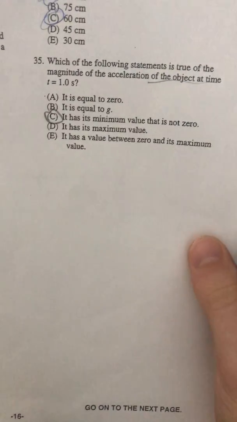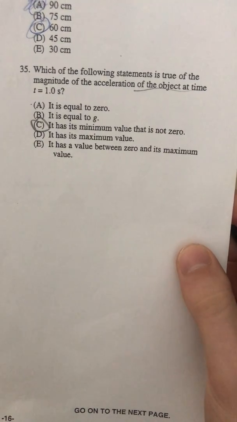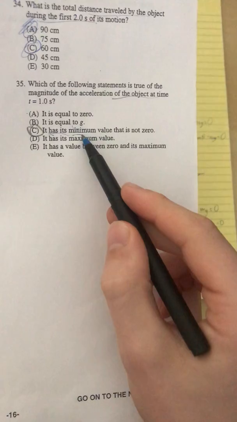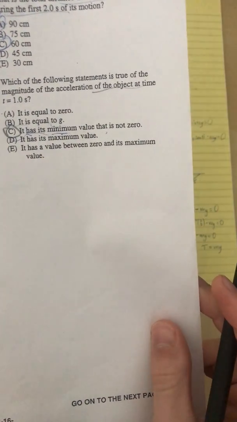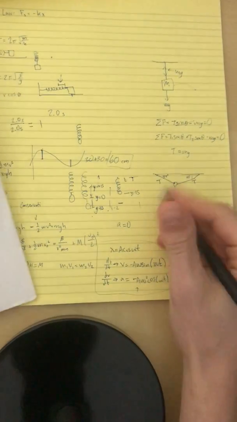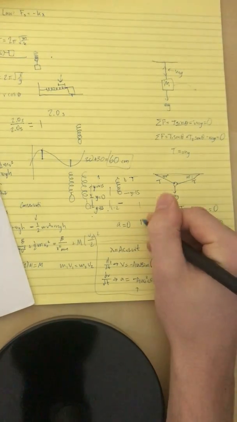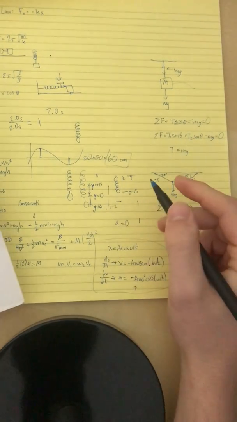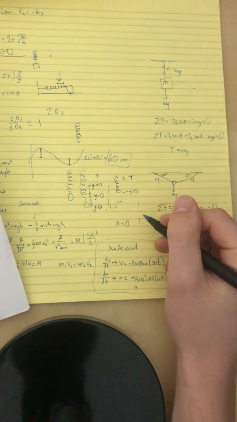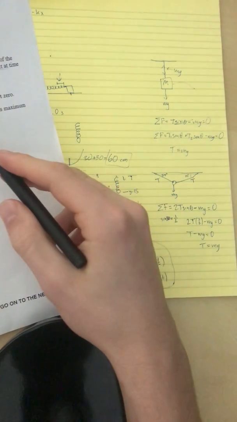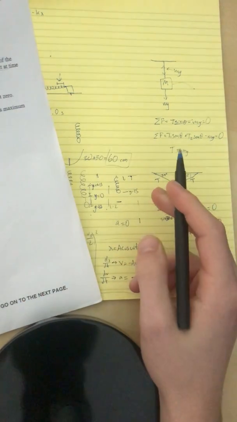Now we look at 35 and we see answer A, nope. Answer B, no, because it's changing. Answer C, it has a minimum value that is not 0, looks promising. Has a maximum value, nope. Maximum value would be at the middle, at the equilibrium point. And then has a value between 0 and its maximum value.